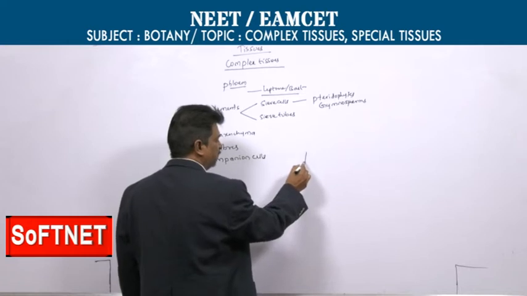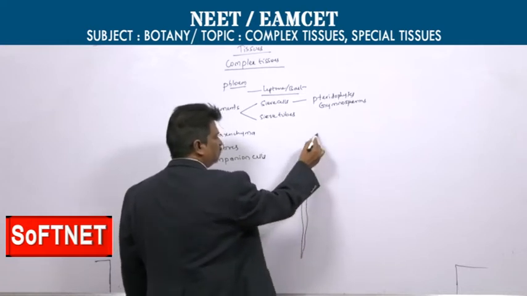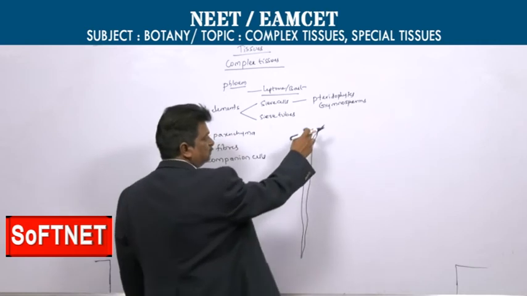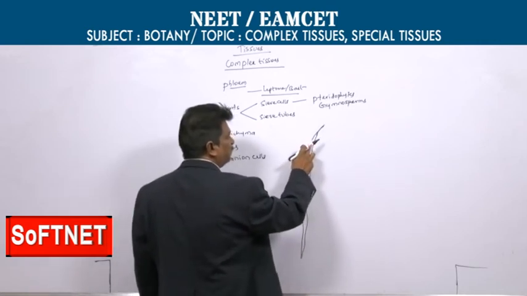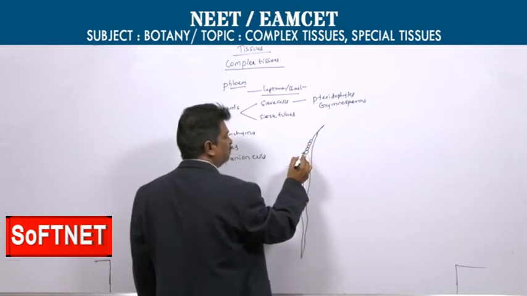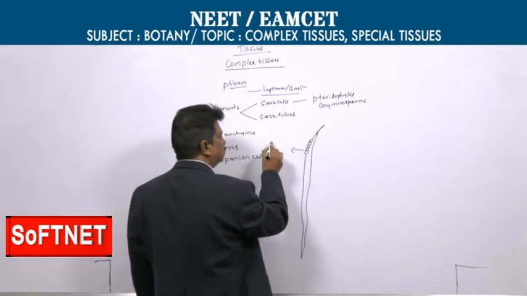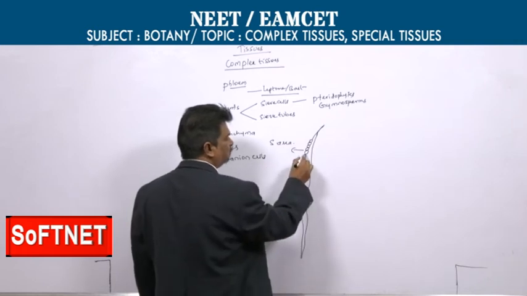A sieve cell is an elongated cell. Like a tracheid, a sieve cell is also an elongated cell, and its end walls are narrow or closed. The lateral walls contain sieve pores, and an area with sieve pores is called a sieve area.